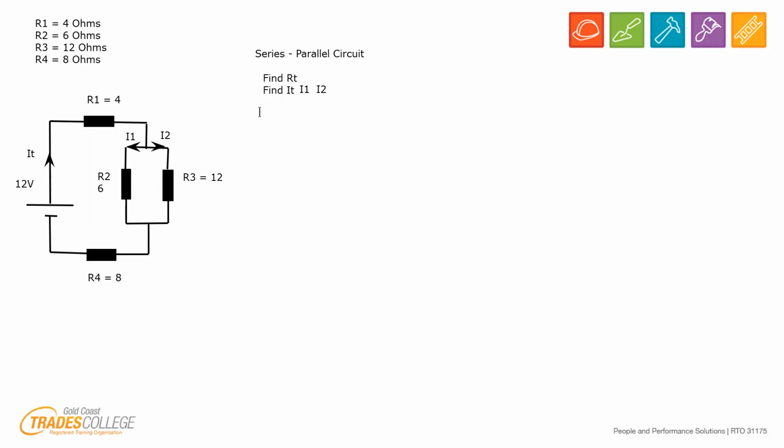What voltages are we going to get? Or do we need to find? We need to find V1. Oops, V1. We need to find V parallel, if you want to call it that.